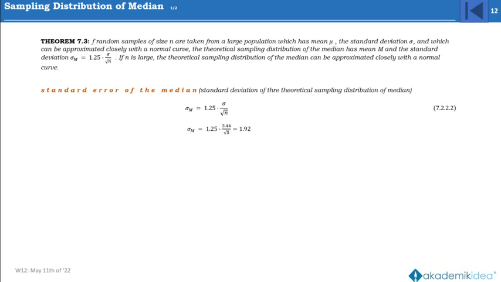However, if we had continued the experiment and taken more than 50 samples, the standard deviation of the medians should before long have come close to the theoretical value of 1.92.